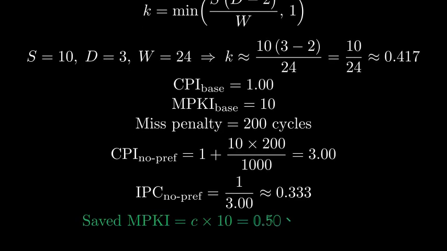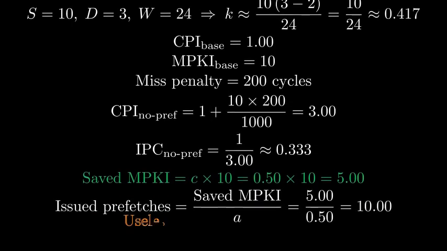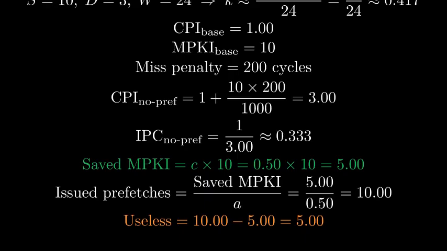With prefetching, 2 forces compete. Coverage removes some demand misses. Inaccuracy creates useless prefetches that can evict useful lines, adding pollution misses. We will assume coverage equals 50% and accuracy equals 50% to match the scenario. Saved misses per 1,000 instructions equal coverage times baseline misses. That is 5.